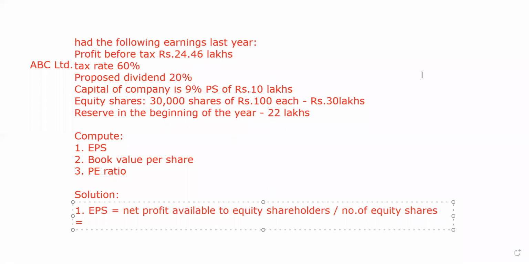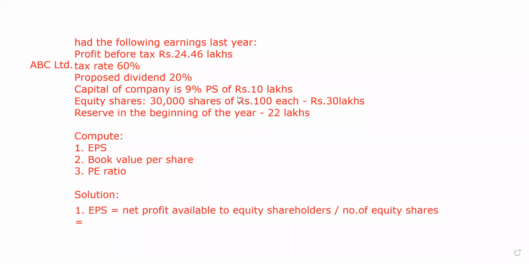Respond please. Is it given? Net profit available to equity shareholders is not given directly in the question. So what information do we have? Net profit before tax. We have the information of net profit before tax.